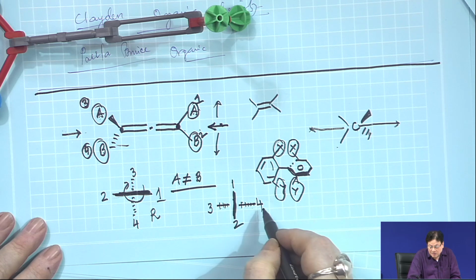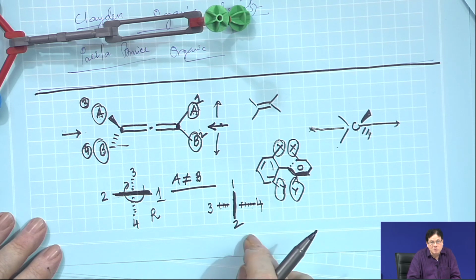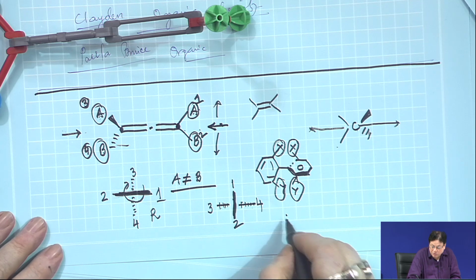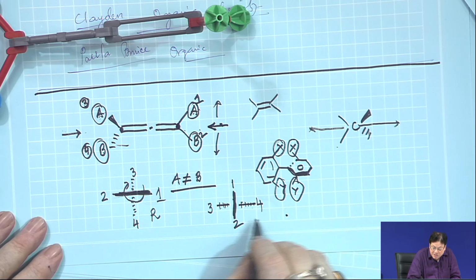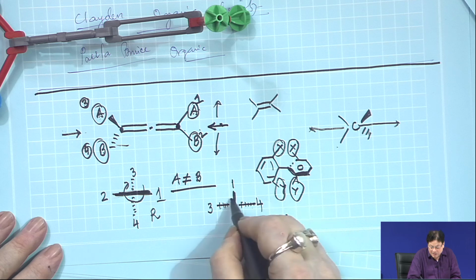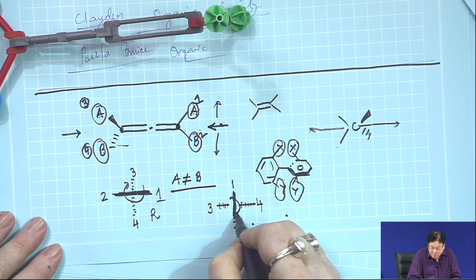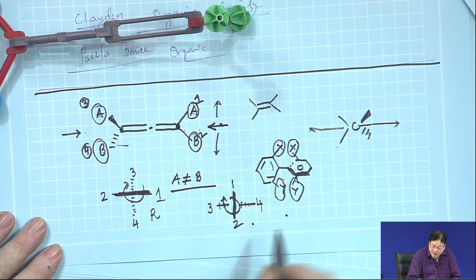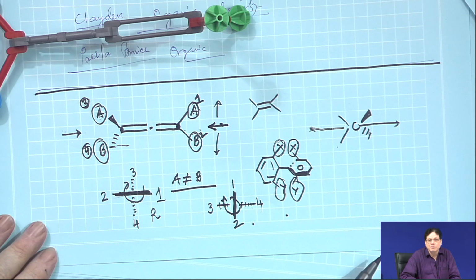Now, some people are confusing this with the Fischer projection formula. Remember that this is not a Fischer projection formula. Whatever you see, you are seeing away from the fourth group.